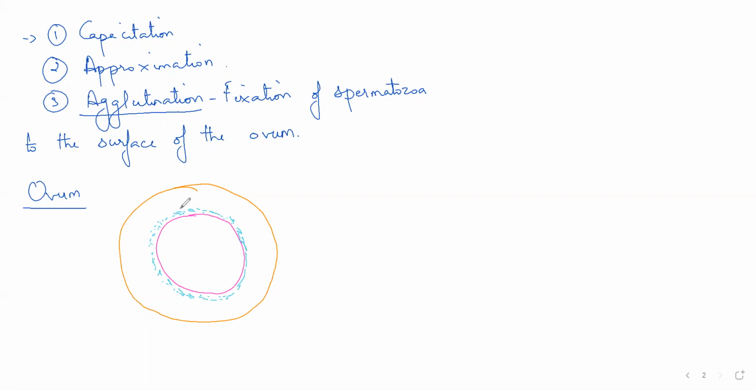Then outside this, just outside this, is a layer of radially arranged cells. The cells are arranged radially.